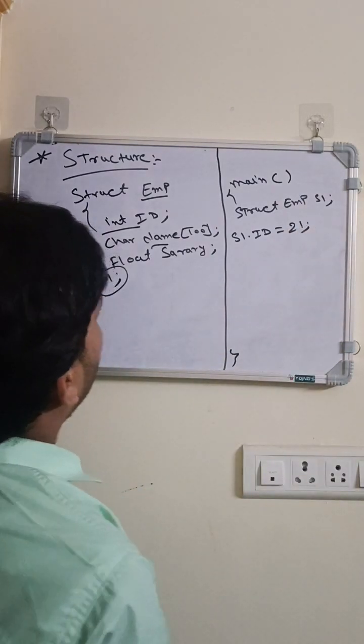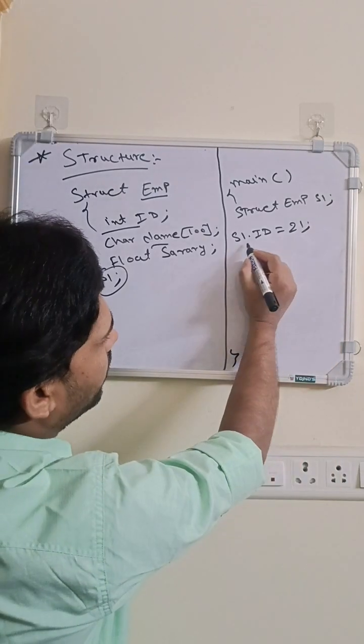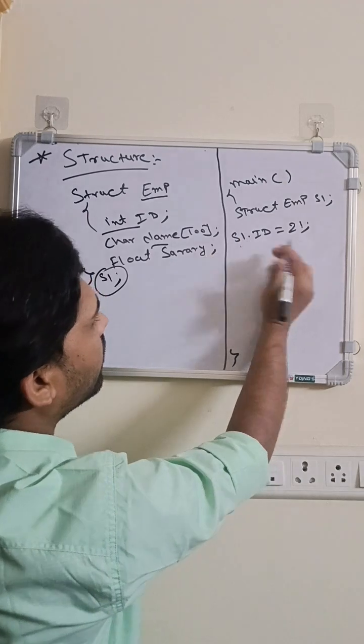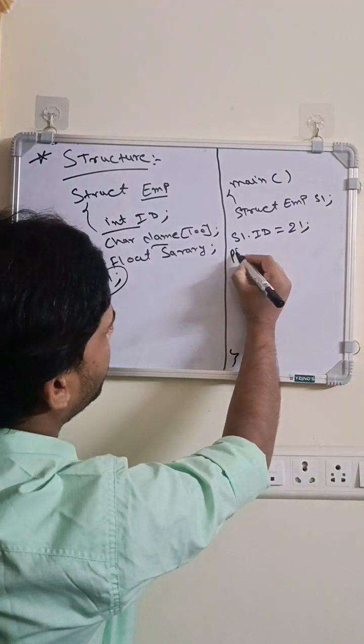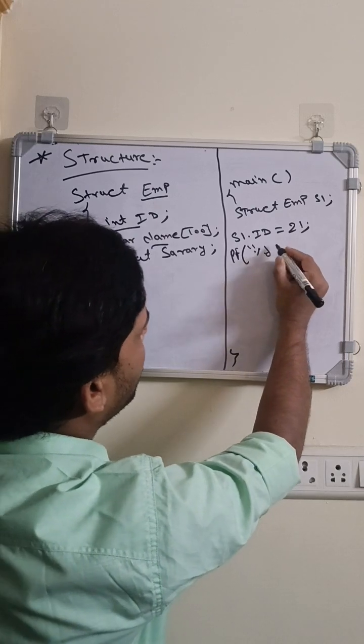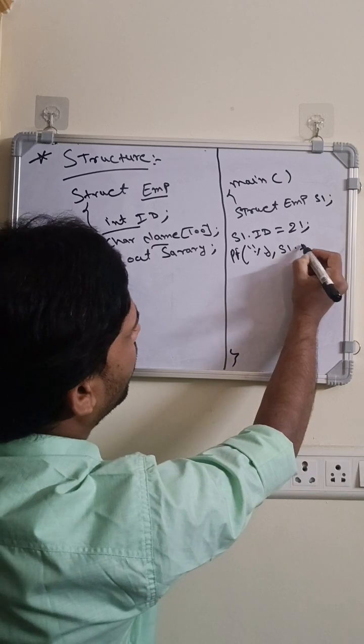Next, char is there, salary is there, so we will go one by one. Here the initialization is id equal to 21. Now we have to print here, with printf percentage d, then s1 dot id.